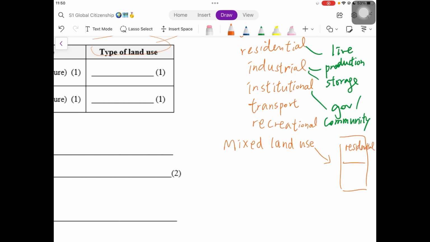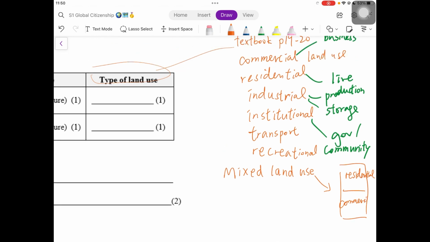Say from the 2nd floor to the 10th floor, there are people living there. But on the ground floor, perhaps it is for commercial land use, perhaps a wet market. For this kind of land use, we call it mixed land use.